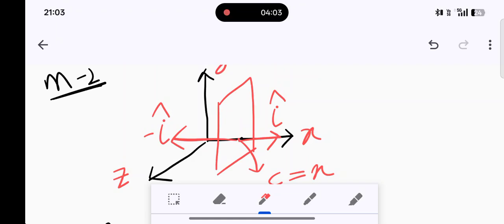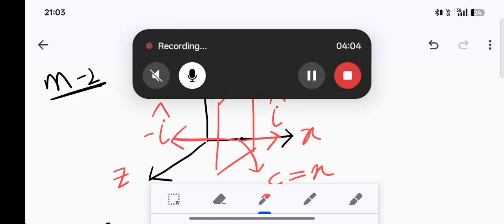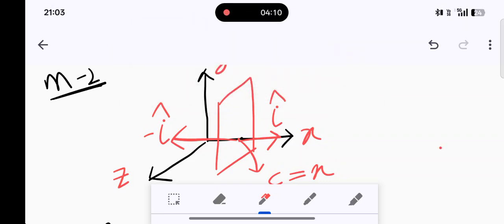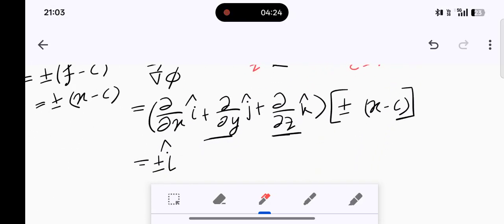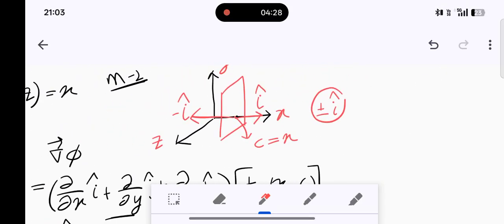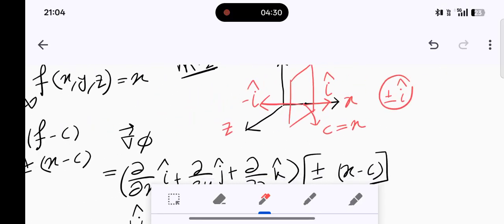So plus i and minus i would be the gradients according to the graph, and according to mathematics this is also the same. So you can go through graphs.